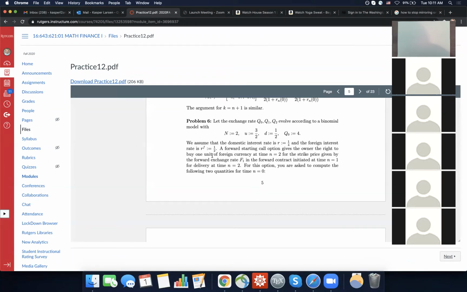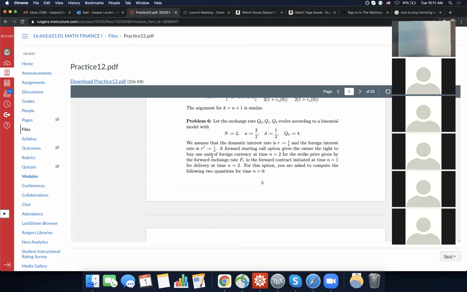It's a 2-period model. There are 3 time points, 0, 1, and 2. It's a foreign exchange model, and it's a binomial model as usual. We're looking at call options written on these forward exchange rates that we just talked about.